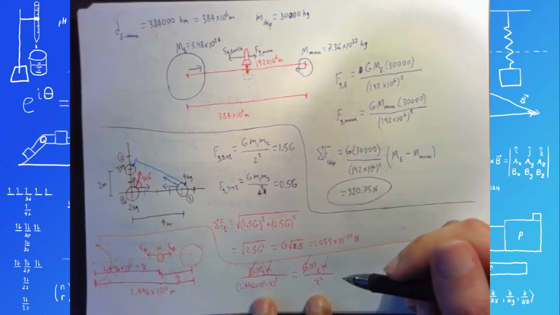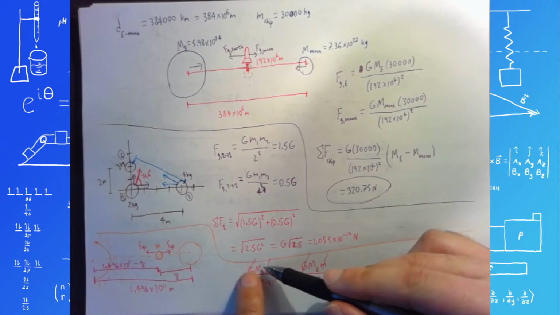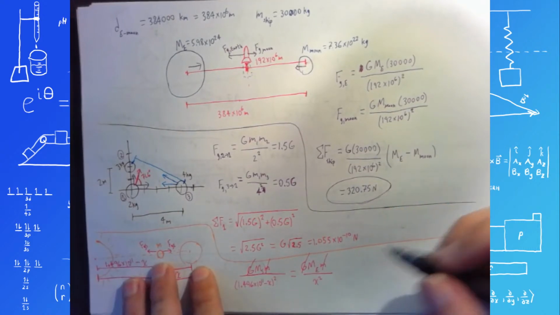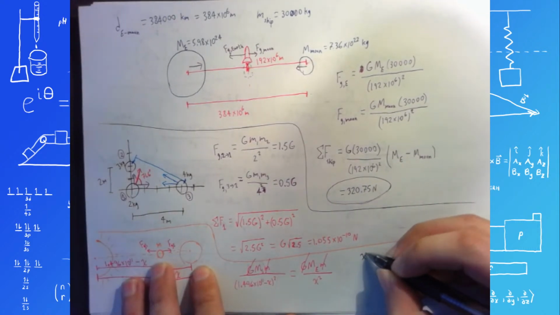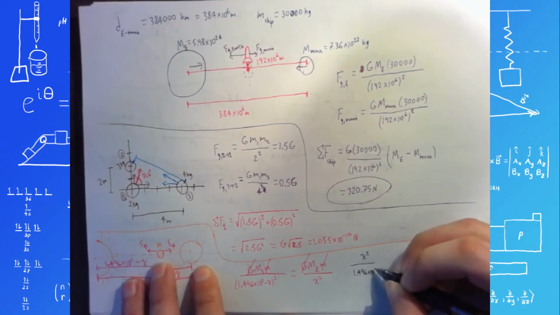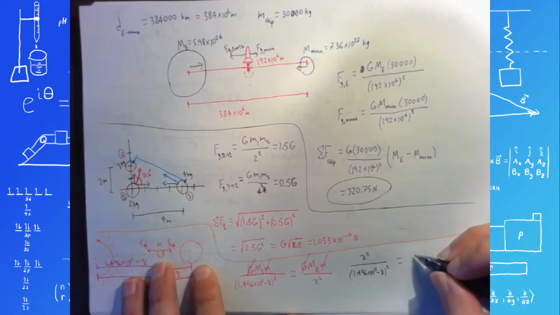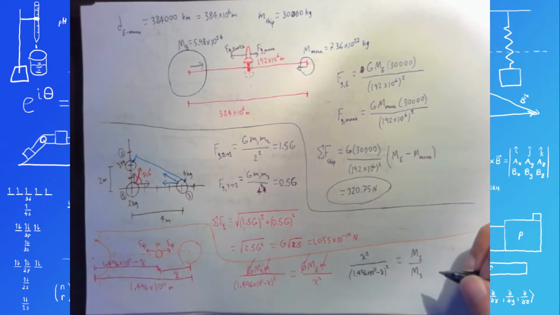So there is, fortunately, an alternative. Here's what you do. Multiply the x squared over to the left-hand side and divide the m's over to the right-hand side. So you get left with x squared over (1.496 times 10 to the 11 minus x) squared equals mass of Earth over mass of the Sun.